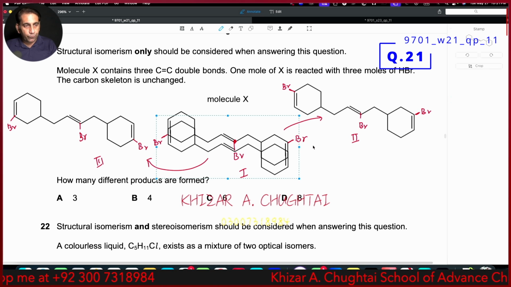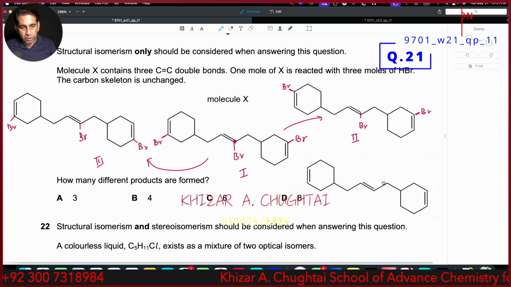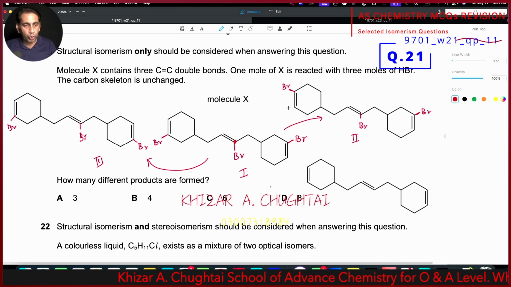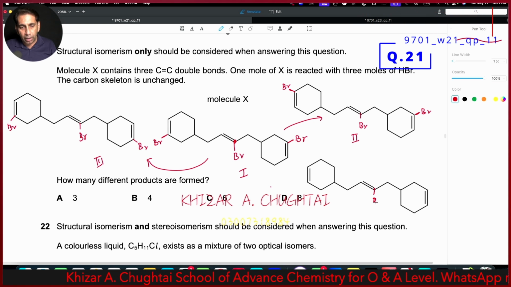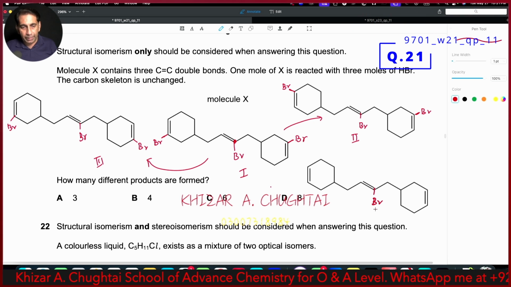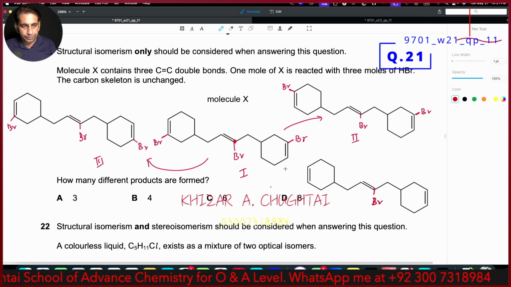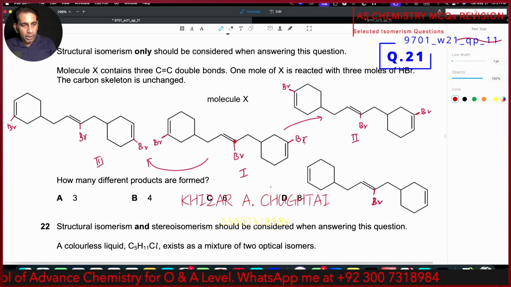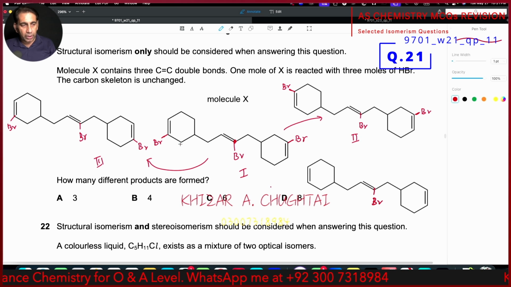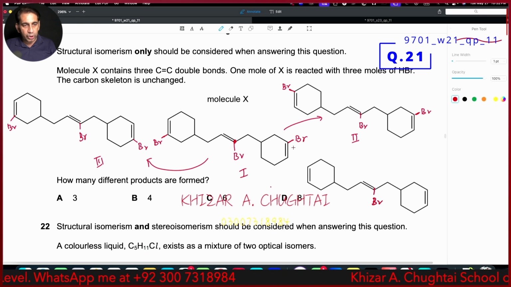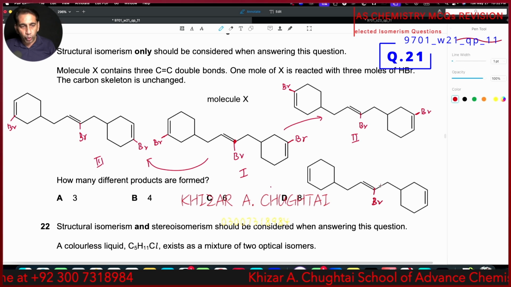Now what will be the 4th one? Just have a look. The next possible one, the 4th one, has Br over here, and it will remain the same on this position. Now come towards the next one. These are the 2 Br. Generally at the lowest numbers, then I change this Br. In the next case, I changed this Br. Now I am going to swap both Brs.